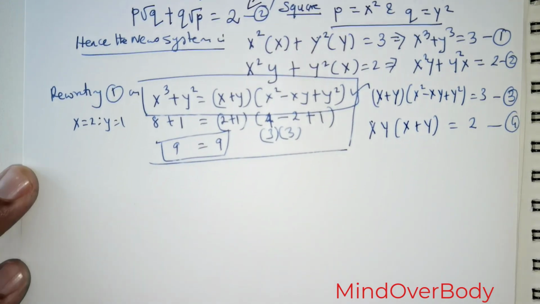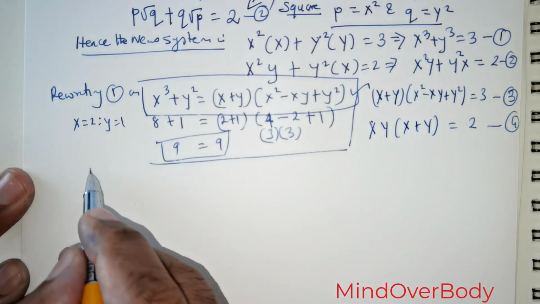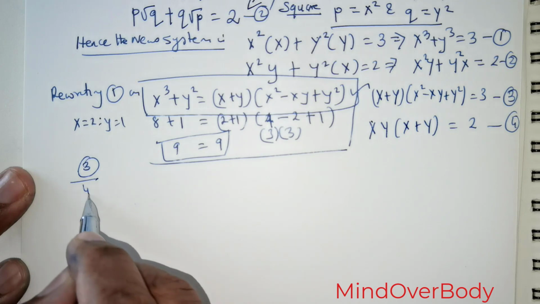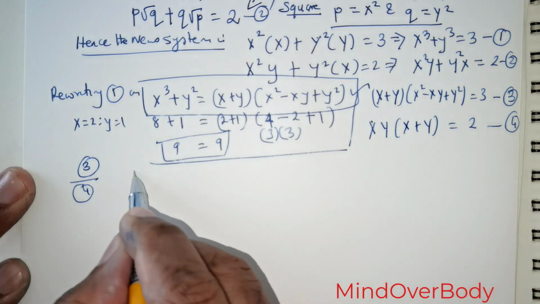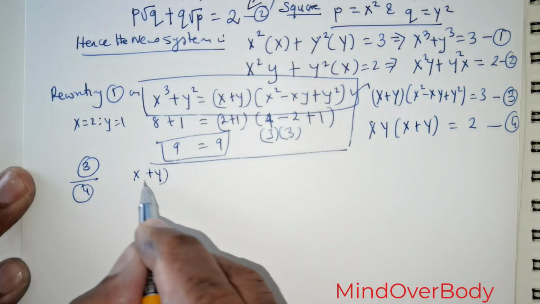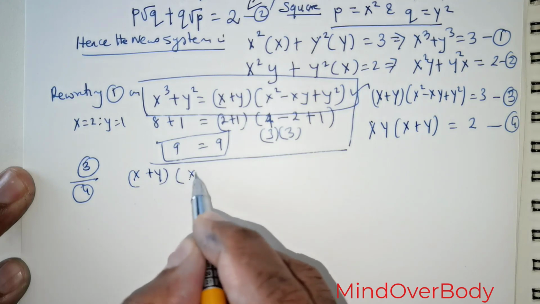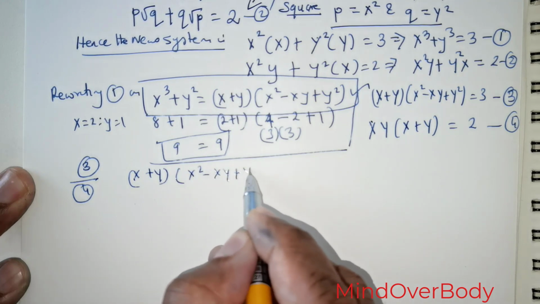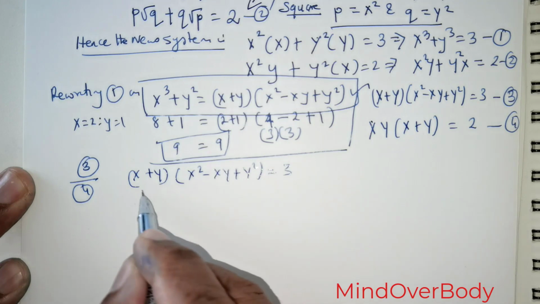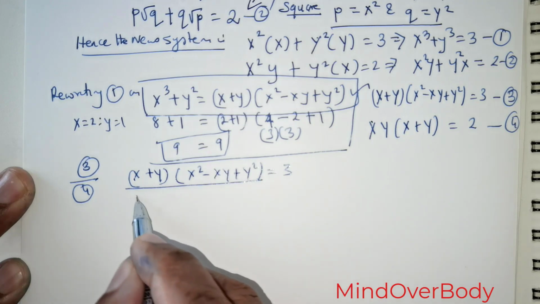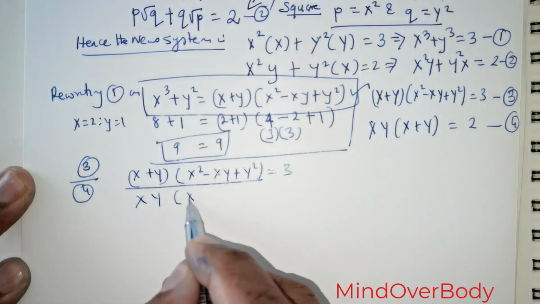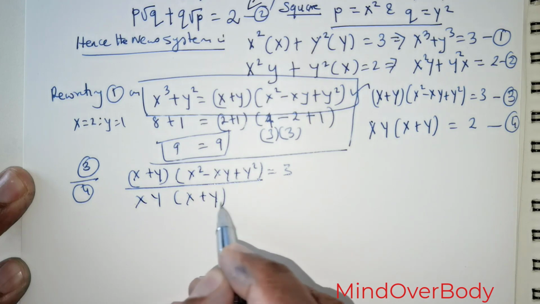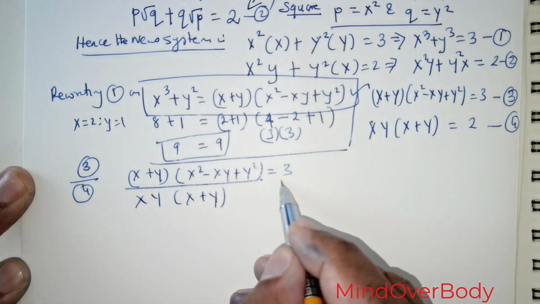Now I'm going to divide 3 by 4. When I do that, this is going to be x plus y multiplied with x squared minus xy plus y squared, is equal to 3, divided by xy times x plus y is equal to 2, which gives 3 over 2.